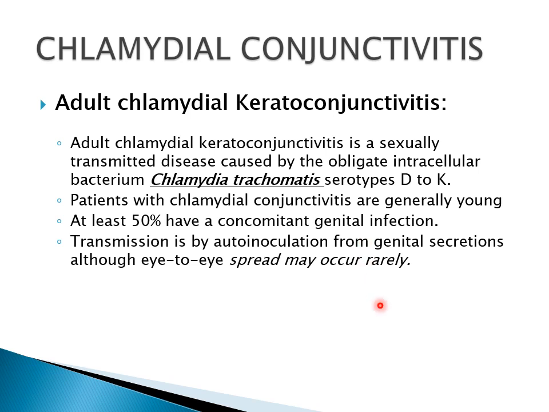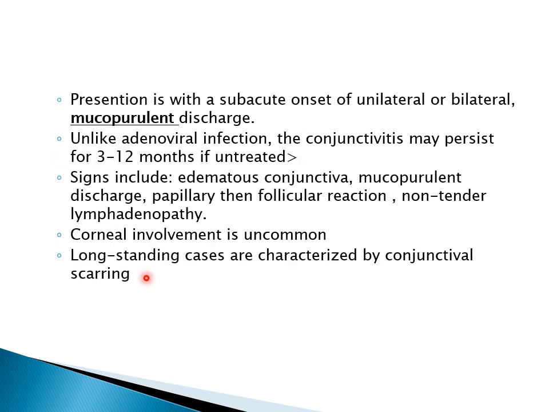Transmission is by autoinoculation from genital secretions, and sometimes or rarely from eye-to-eye spread. Usually they present with subacute unilateral or bilateral mucopurulent discharge. Redness is not prominent, and the conjunctivitis usually may persist for months in those cases.